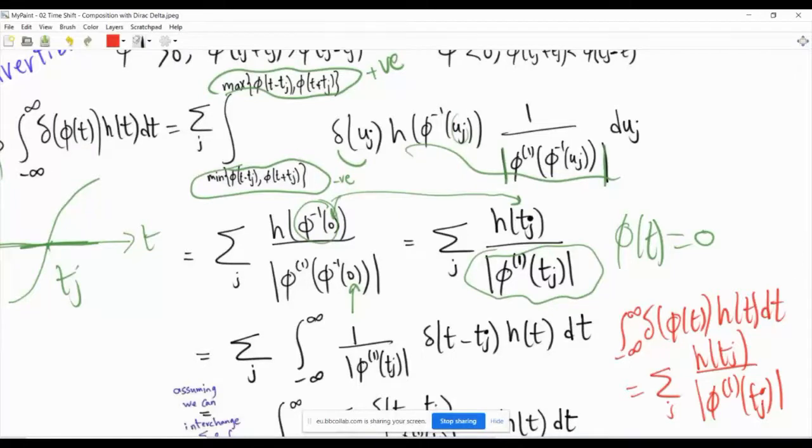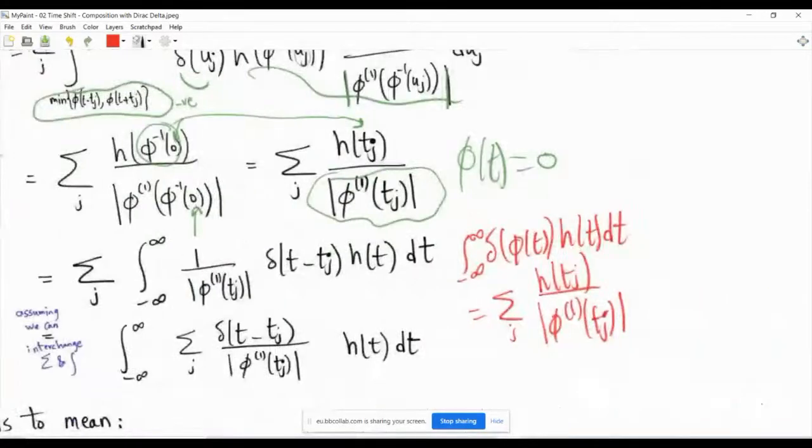So we equated phi of t to 0 and found the points at which phi of t is equal to 0. Then, rather than integrating from minus infinity to infinity, we took a sum of integrals over intervals about t1, t2, t3 and t4. The intervals are chosen such that phi on those intervals is strictly increasing or decreasing, meaning that it is locally invertible. And we got this result here.